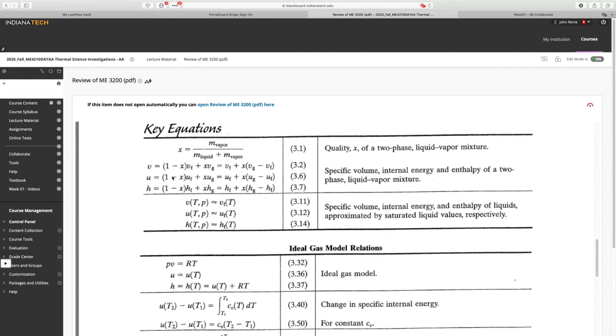Basically, we define the point on the line by giving a particular quality as well as a temperature or a pressure associated with that line. The key to this two-phase mixture process is that temperature and pressure are not independent of each other.